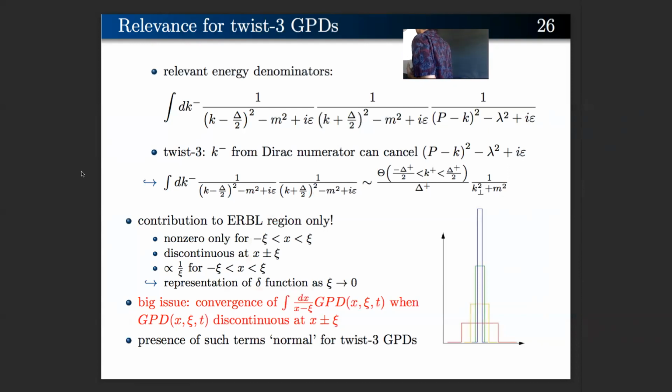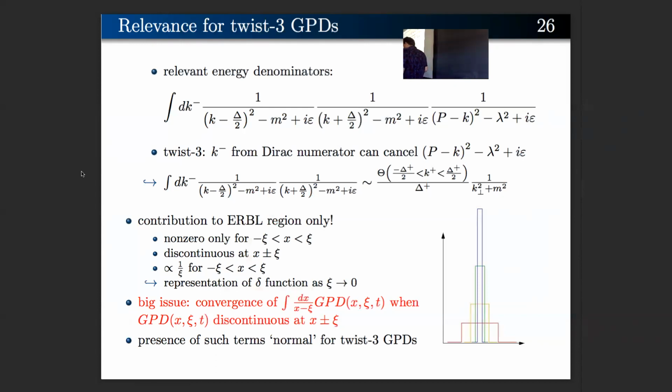If you evaluate that integral, what you find is that in this region it's proportional to 1 over delta plus, and outside it's 0. And for delta plus going to 0, that's a classic representation of a delta function, as I illustrated here.